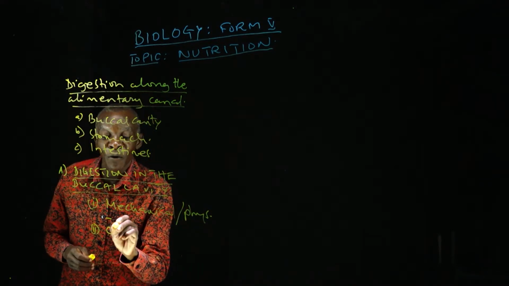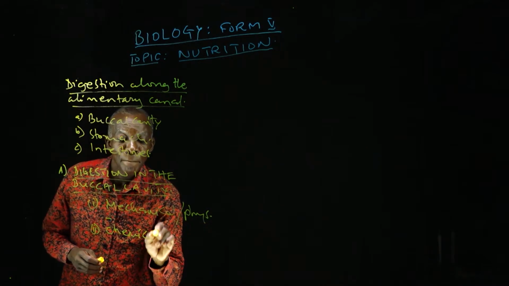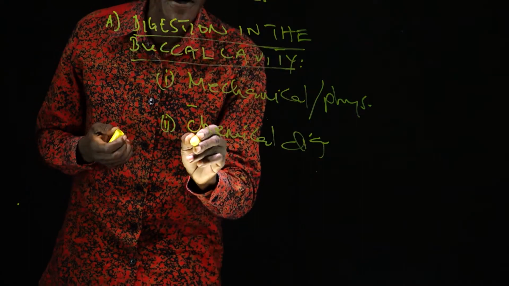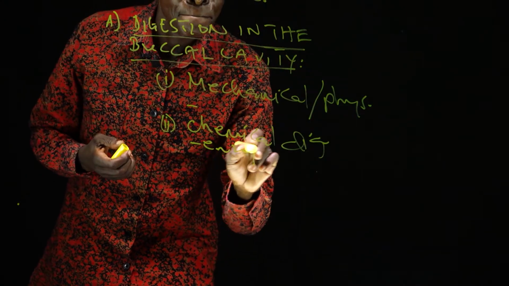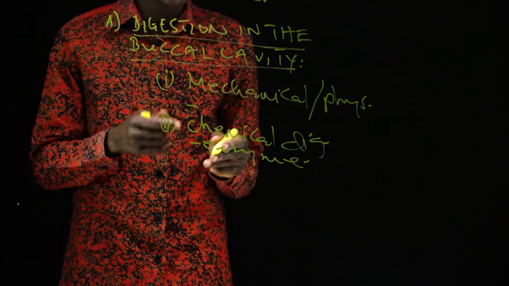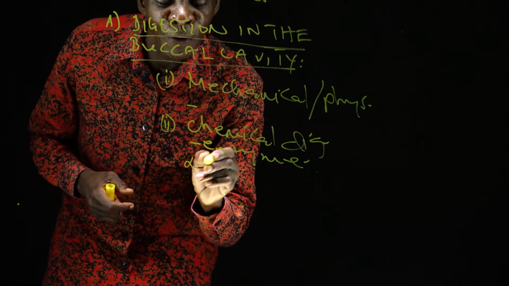The second one is chemical digestion. This involves the action of an enzyme, and the enzyme involved here is salivary alpha amylase.